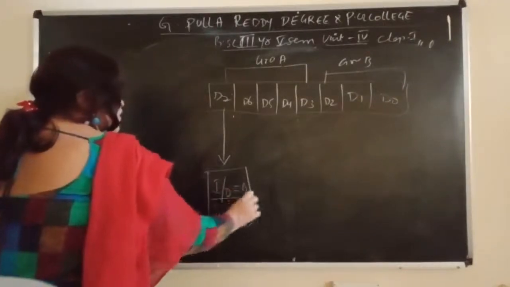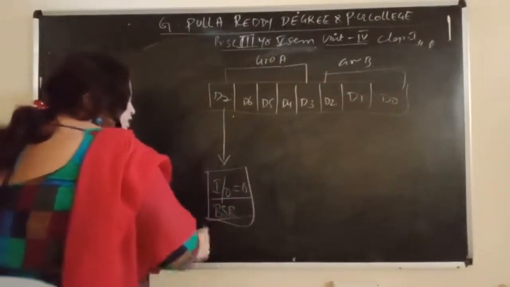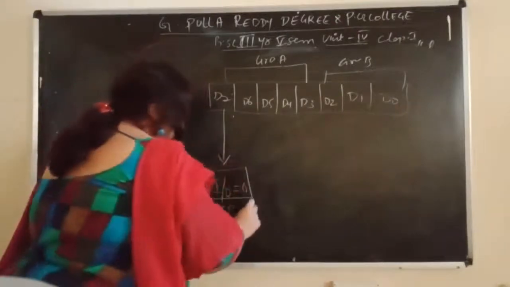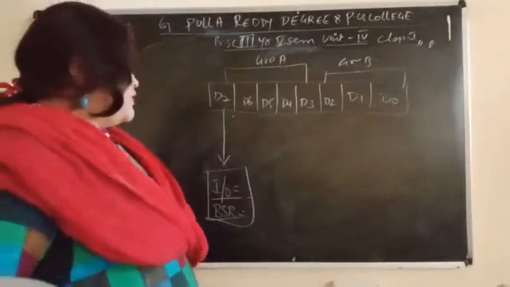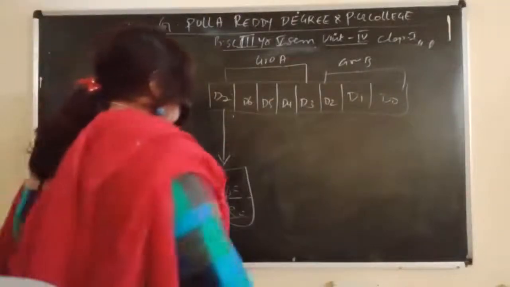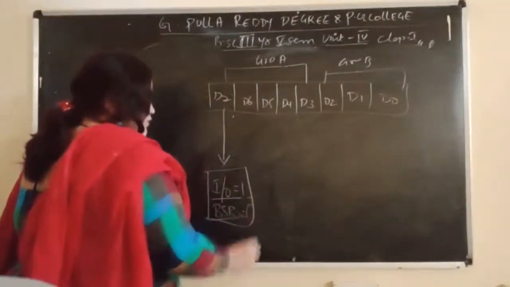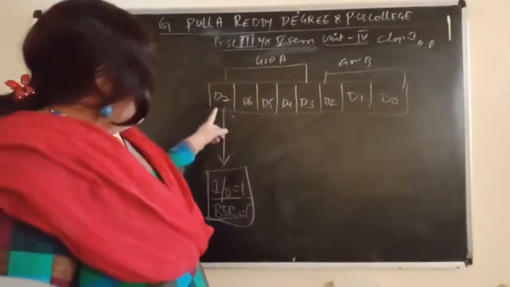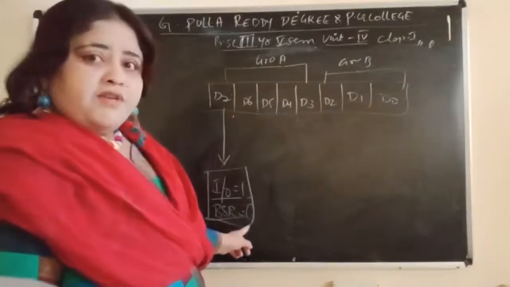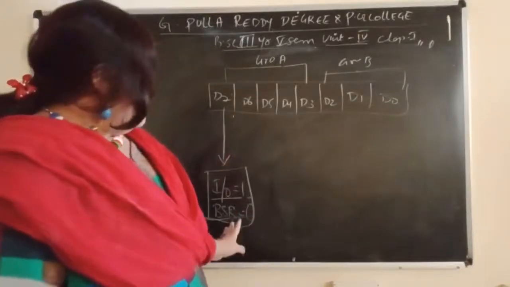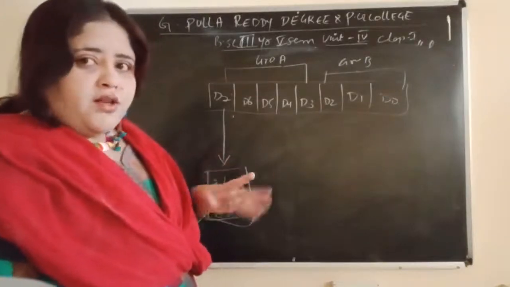If it is 1, it is in IO mode and will be doing IO operations. If it is 0, it will be doing BSR operation, meaning bit set or reset.